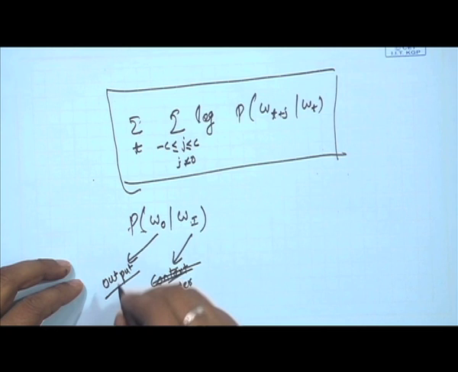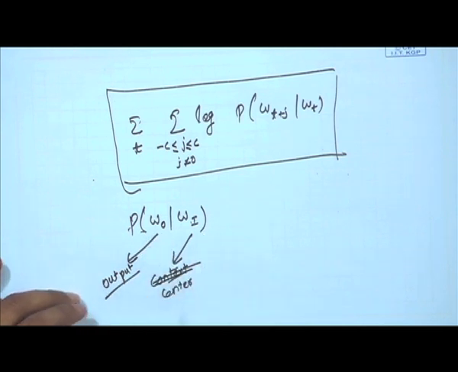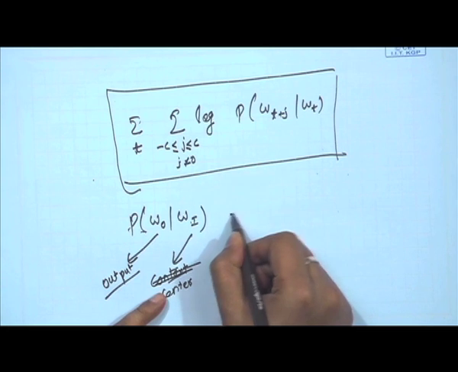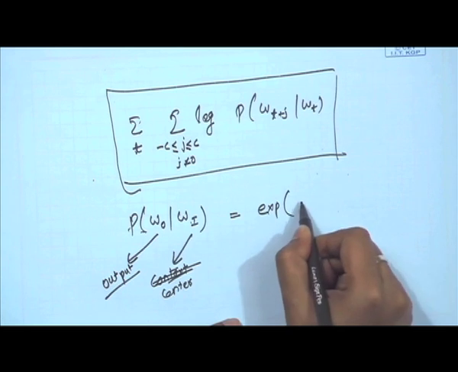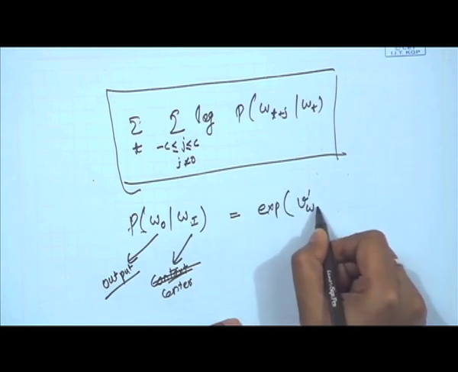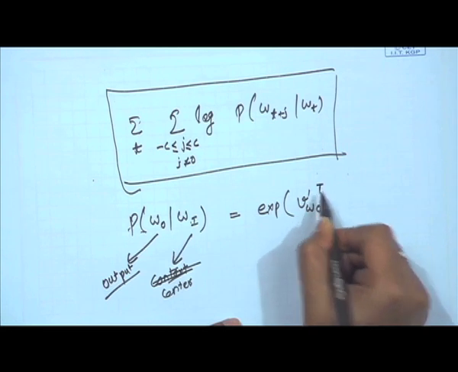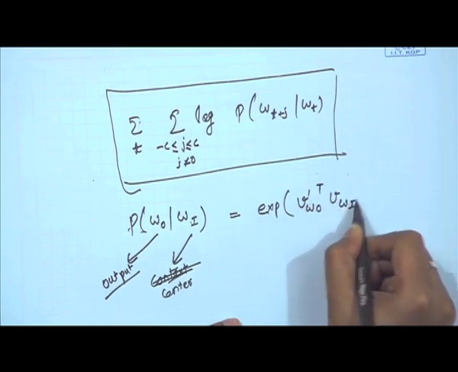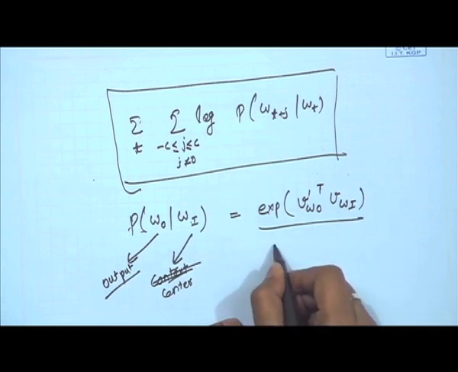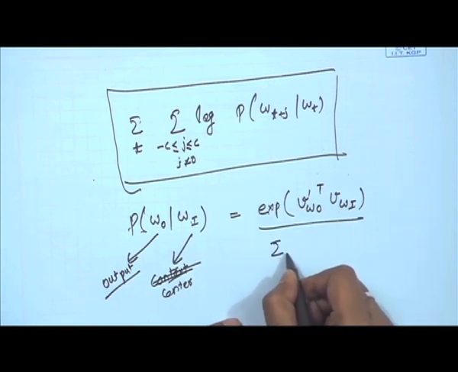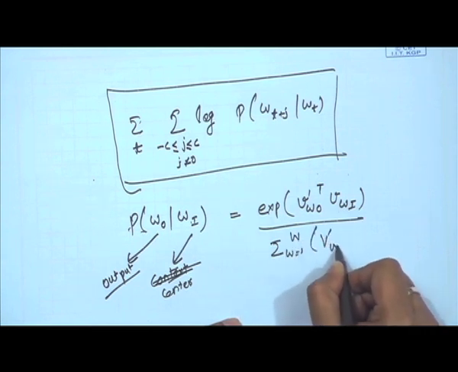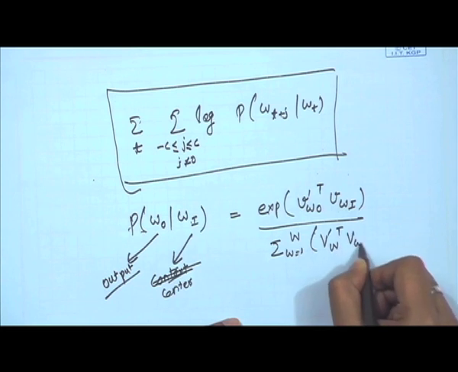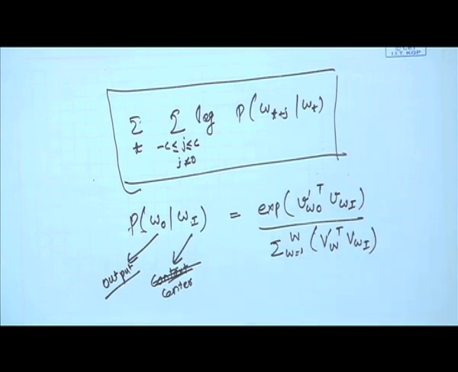These are all the context words. Okay. So for a given center word, how do we write it? I am saying we can write it in this form, that is exponent of V prime W O transpose V W I divided by the sum over W equal to 1 to capital W of V prime W transpose V W I. Okay. And this is a formulation of this probability, and let us try to understand that.